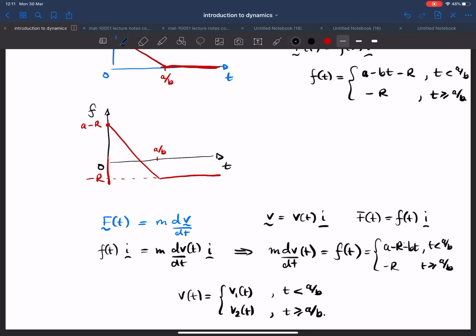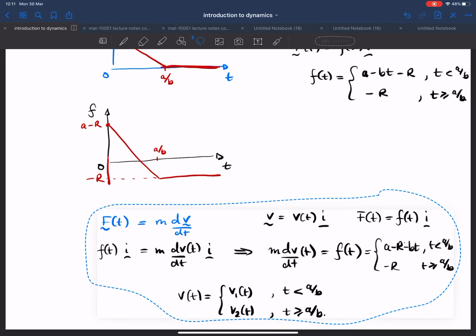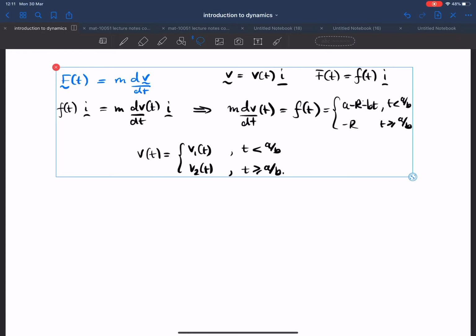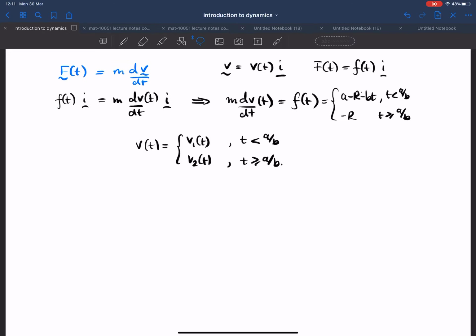Okay, so in this case, if I combine this information, let's take it to the next page. What we have is our equations. V1 is responsible for the first time interval, equals a minus r minus bt, and this is for t.